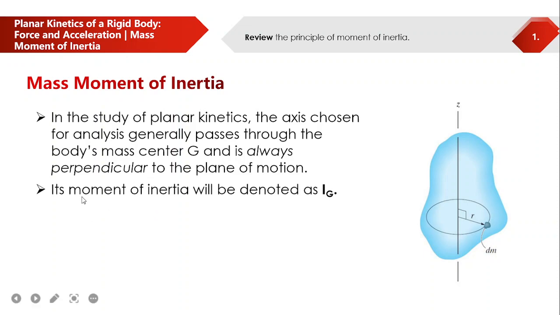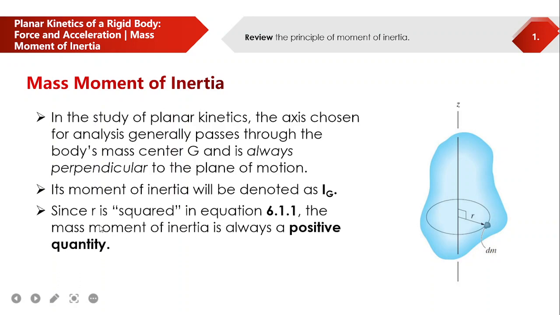Okay, so its moment of inertia will be denoted as I sub G. Now, G is just a patandaan na itong mass moment of inertia, yung axis natin ay nag-pass through the body's mass center or G. Okay?